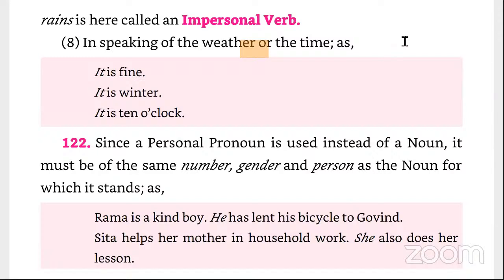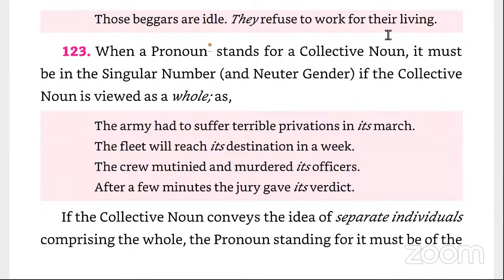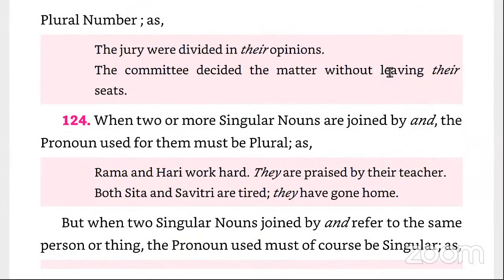So be very clear, because this kind of question sometimes comes in the examinations. You have to find why this is correct or why this is incorrect, or maybe you will have to correct it. The jury were divided in their opinions. The committee decided the matter without leaving their seats. Here the term committee refers to many people.